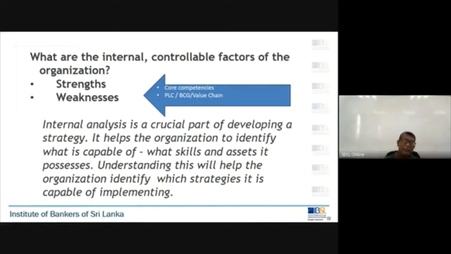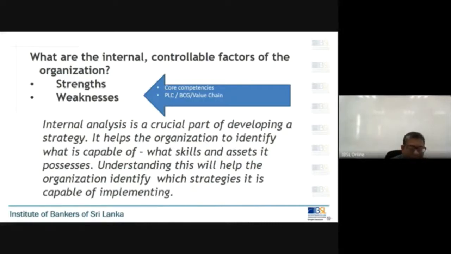Now we are going to look at the internal factors. What are the strengths and weaknesses we have, which may facilitate or hinder the achievement of our objectives? For that, we do some internal analysis. It's also a crucial part of developing a strategy.